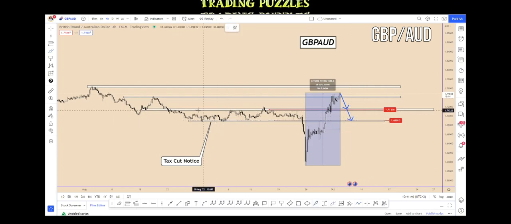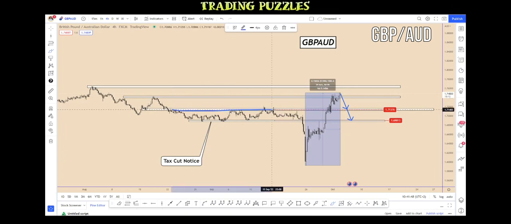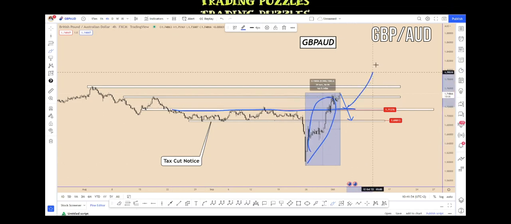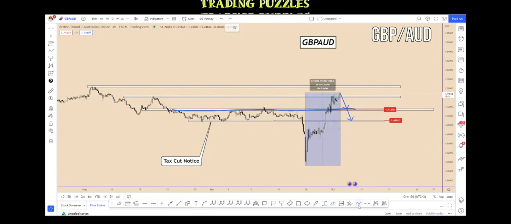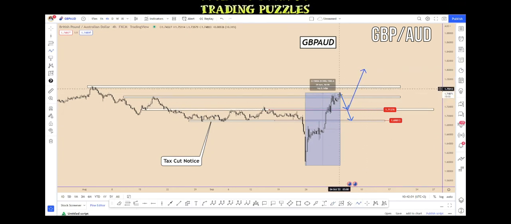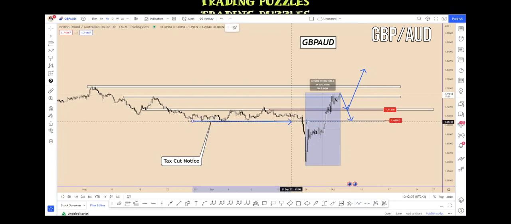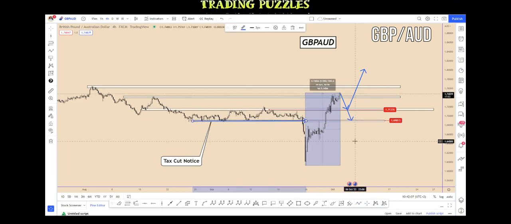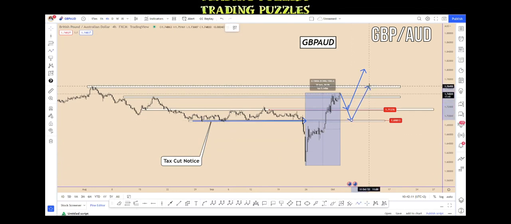So in this way, we are targeting only the upper part of the structure, as long as the price was very aggressive, and from this point we can see the price bounce up again from the first structure, or if price is going to develop more, it will test the lower part of the structure here that corresponds to this zone, and after that it can continue with the next movement.